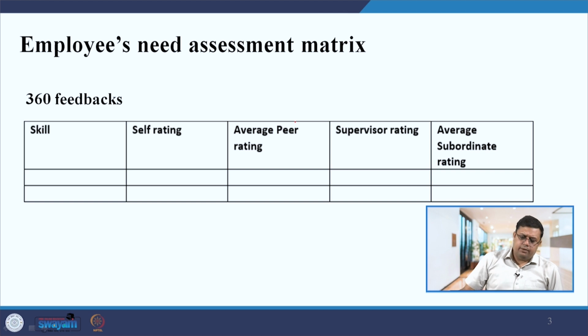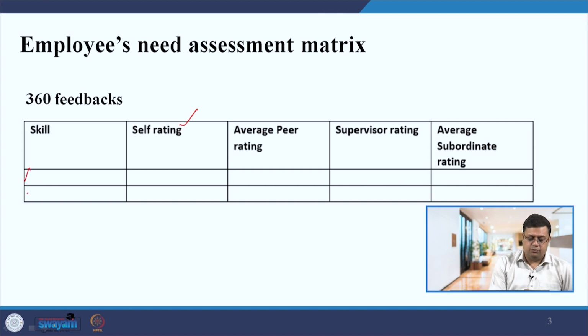For assessing employee need in the organization, and I am specifically talking about development, I always suggest going for 360 feedback. First, feedback from self: what is the rating for the self?